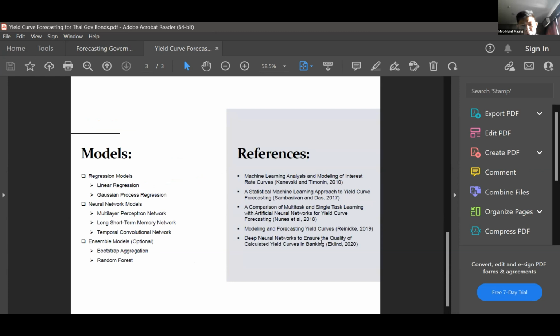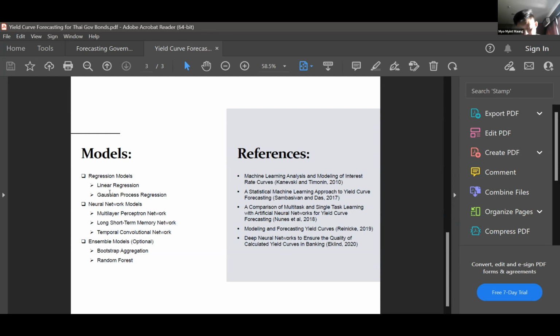I haven't chosen any specific models to run, but there are a few academic papers about interest rate forecasting and yield curve forecasting. According to these papers, there are a few models that I can apply to this problem.